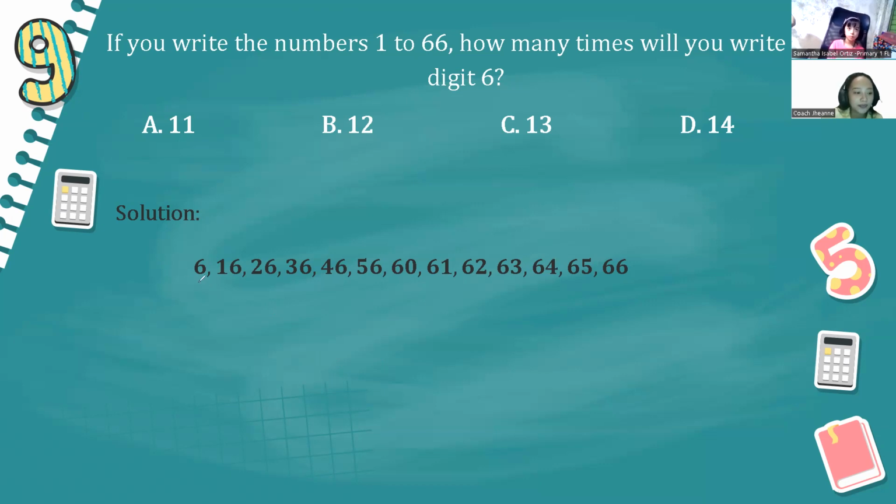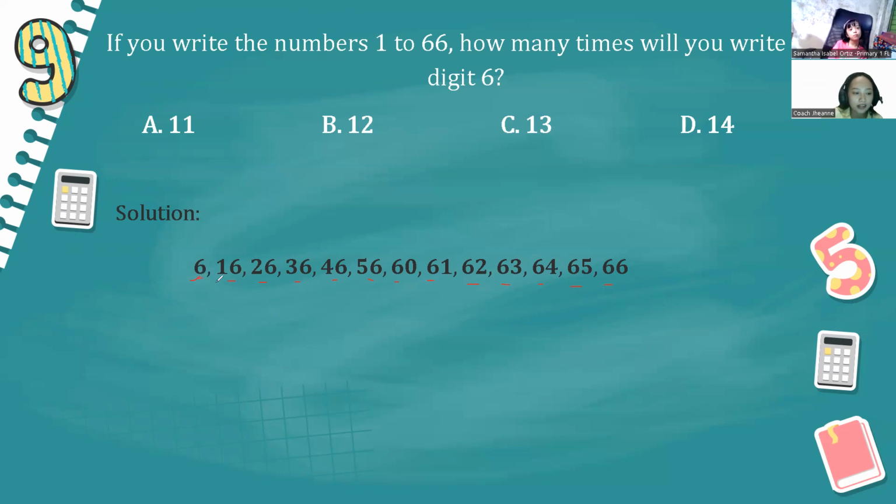Now we have here 6, 16, 26, 36, 46, 56, 60, 61, 62, 63, 64, 65, 66. Then it asks how many times will you write the digit 6? Now we have to count how many 6s. After listing, we have to count how many 6s.